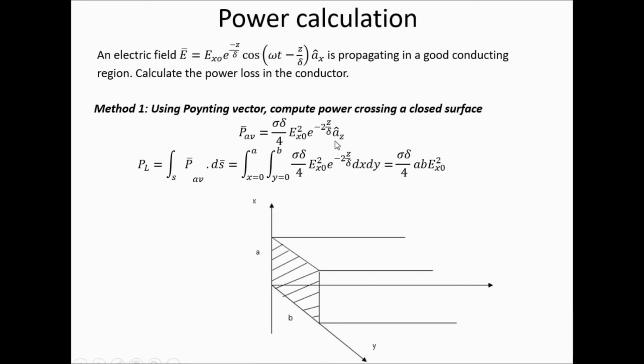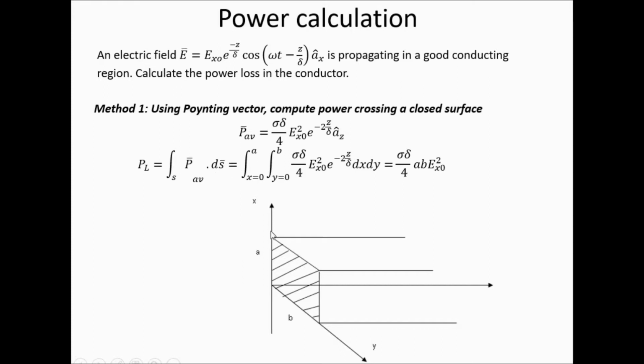If we don't provide you this expression, you have to start with the electric field, find the magnetic field and then the conjugate of the magnetic field, and then you can get this expression. So we put this value here, P average, and do the surface integration ds over the closed surface S.